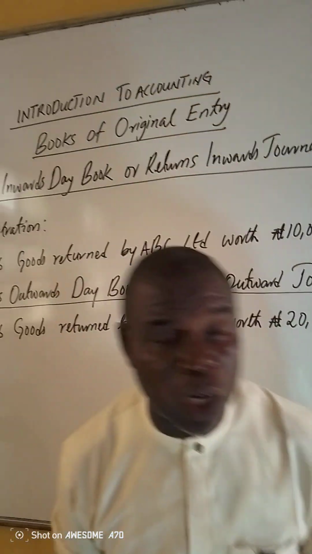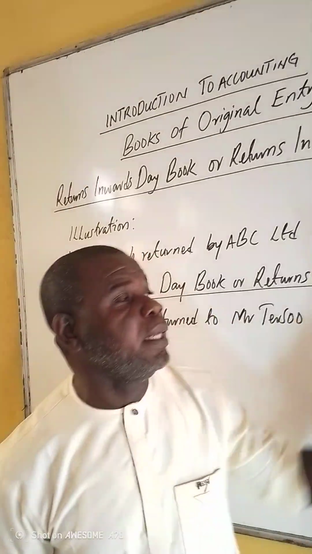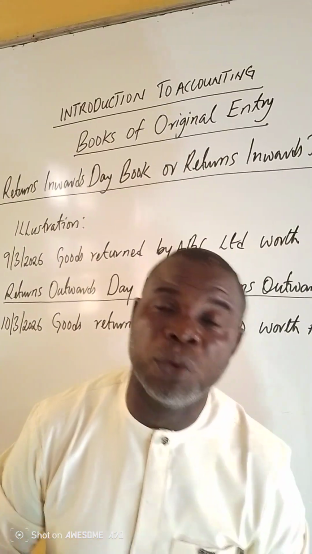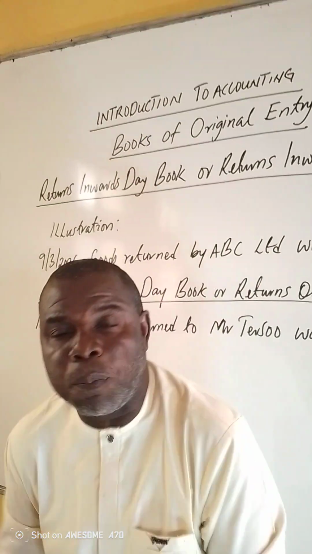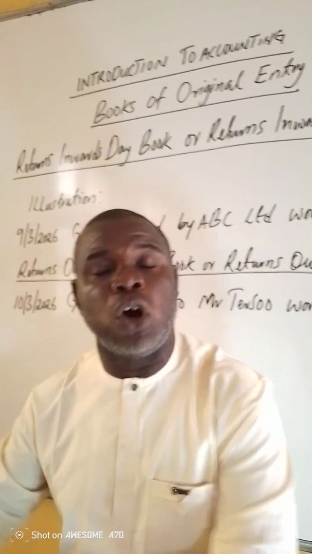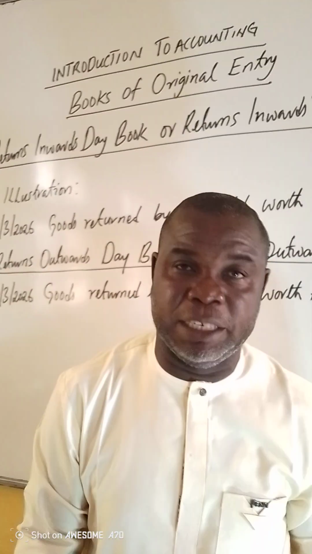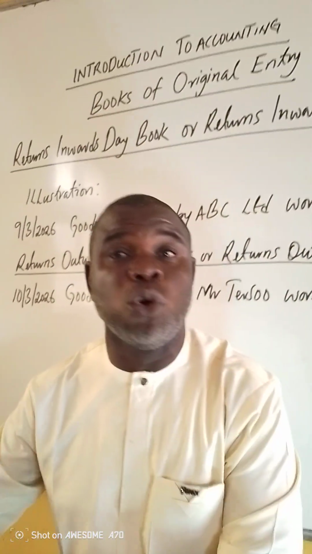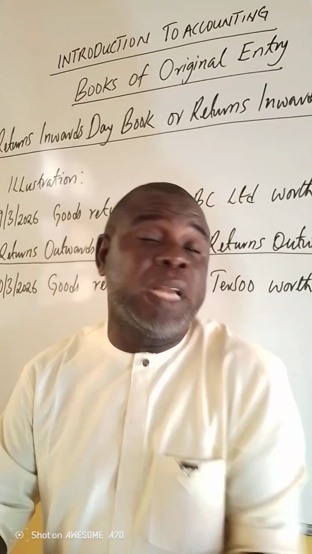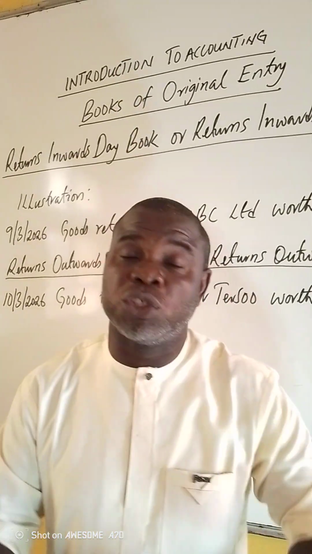Please don't forget, this is the end of the books of original entry. Don't forget to follow my video because we are going to continue treating the topics in accounting. The next topic will be the trading, profit or loss account, what we call the financial statement. Financial statement of a sole trader. We'll be concentrating on the statement of profit or loss and other comprehensive income of a sole trader.